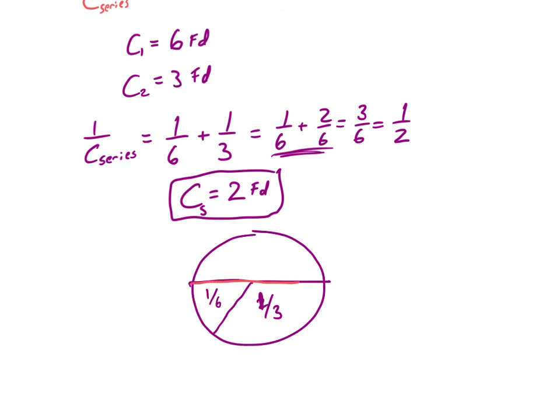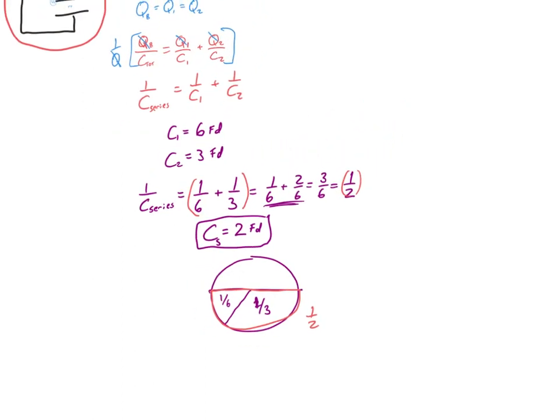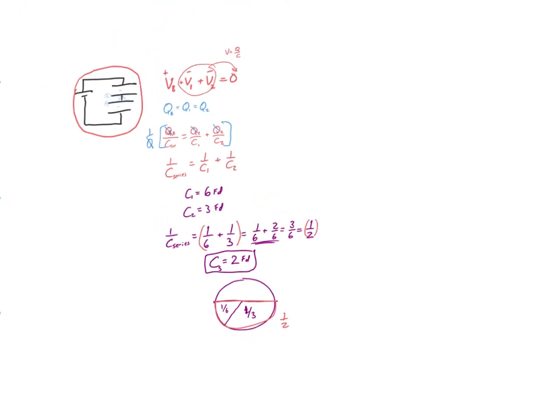So this whole thing here must be half of a circle. In that way, a sixth plus a third is equal to a half. When you can learn your math by just thinking about pi, it makes it so much easier.